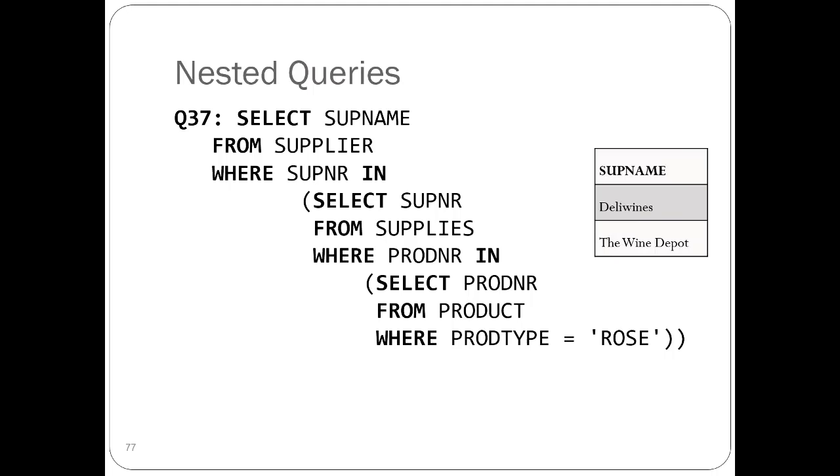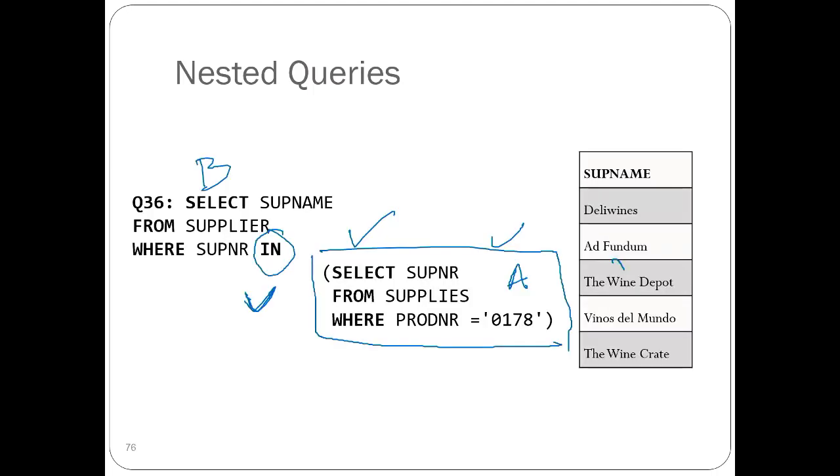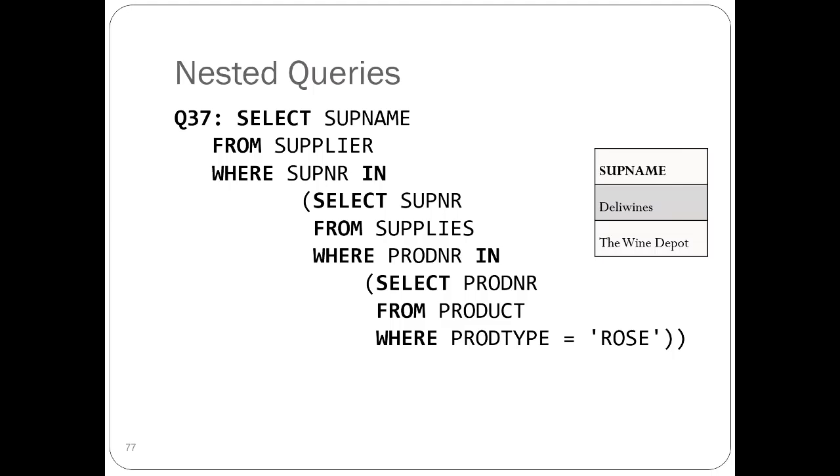So, till this point we saw nested queries involving two levels. It is possible that we can go further down. The third query that you are looking at involves three levels. Now, think about it and tell me, what are we trying to find? Supplier, supplies, product. There are three tables involved, right? What are we doing here?